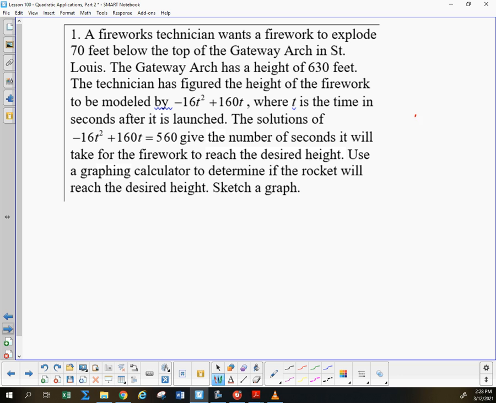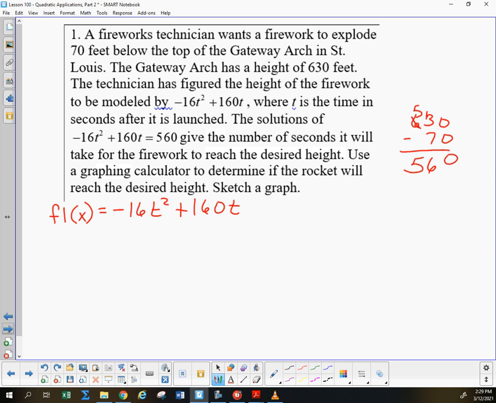So 630 minus 70 gives us 560. So what we are going to do is to punch in f1 of x needs to be negative 16t squared plus 160t, and the firework is going to be shot from the ground.